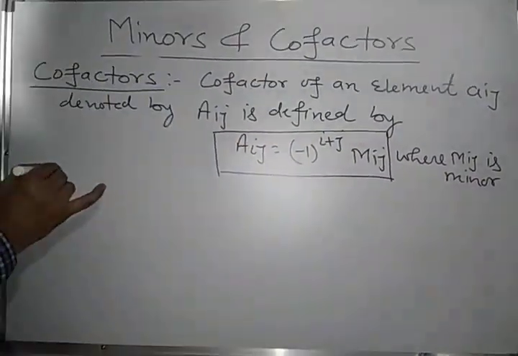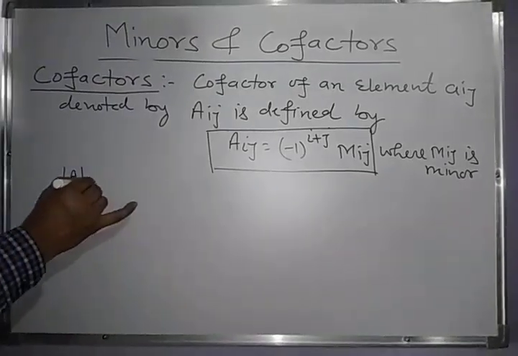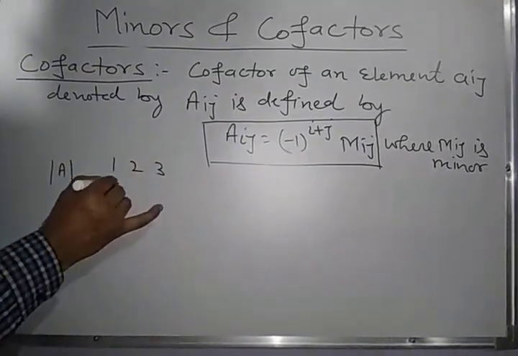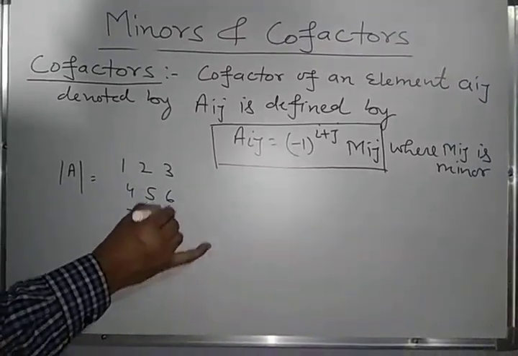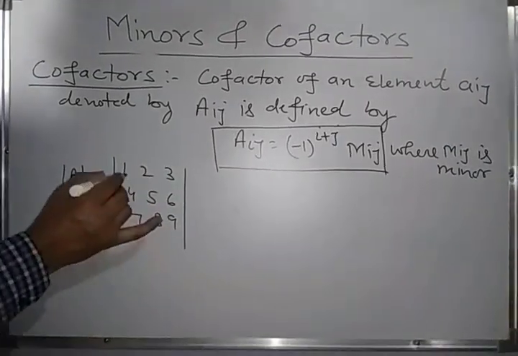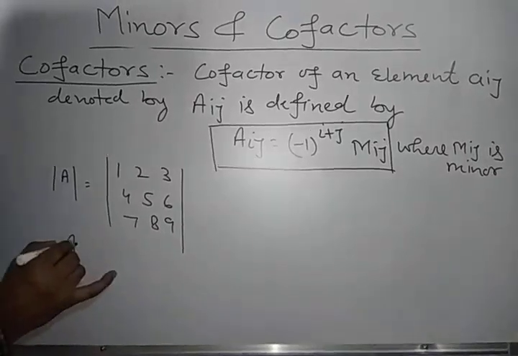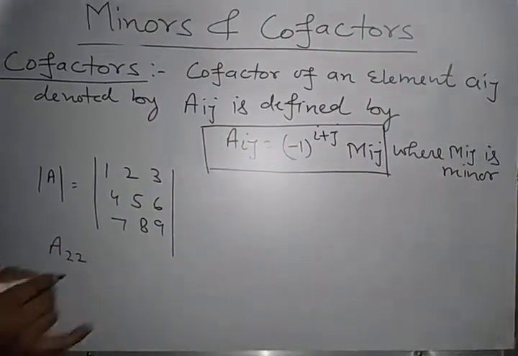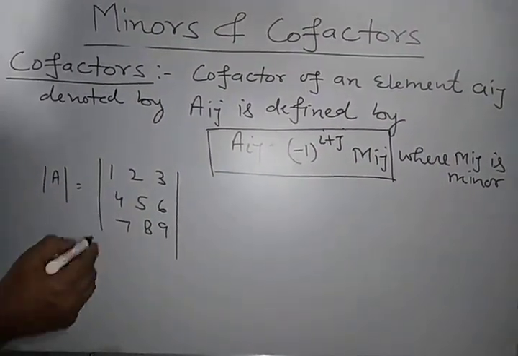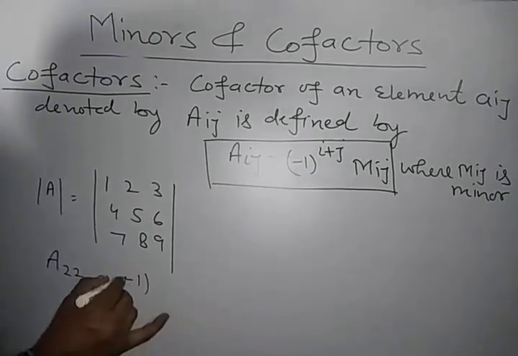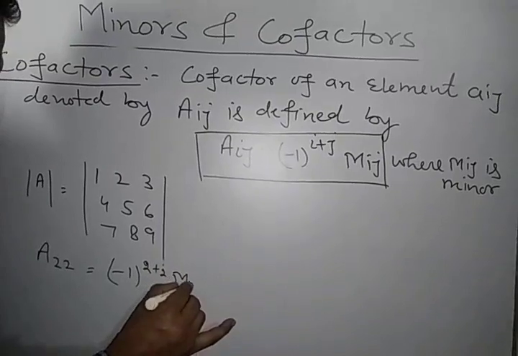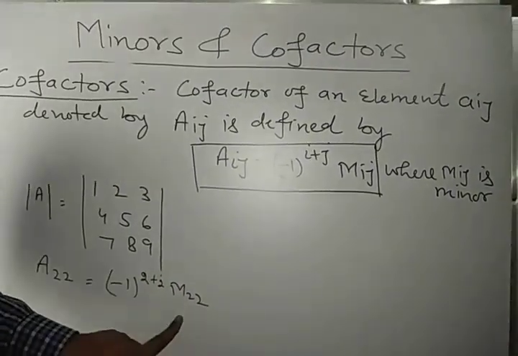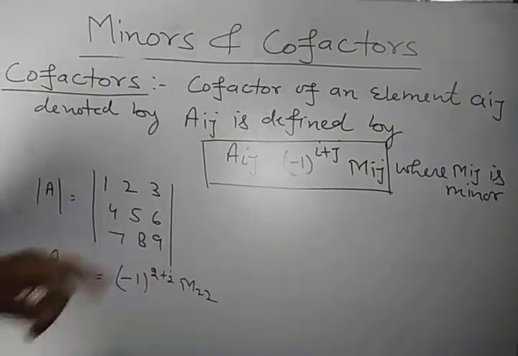Let us say we are given a determinant 1, 2, 3, 4, 5, 6, 7, 8, 9. We have to find the cofactor of A22. The cofactor of A22 is equal to minus 1 to the power 2 plus 2 times M22, where M22 is the minor of this element.